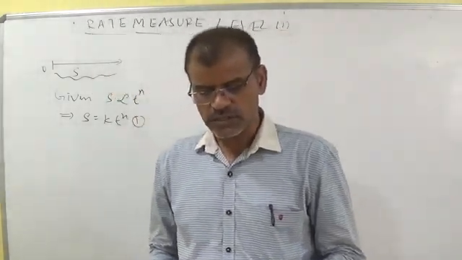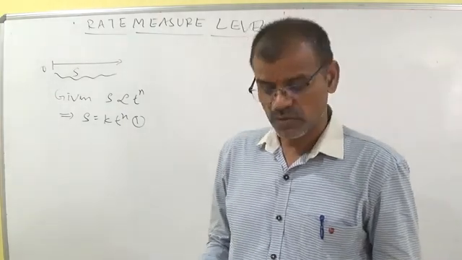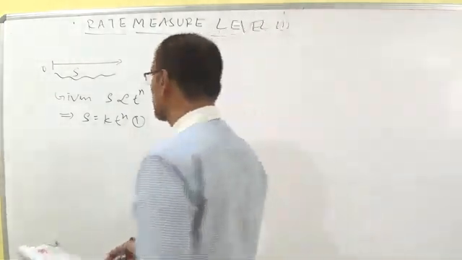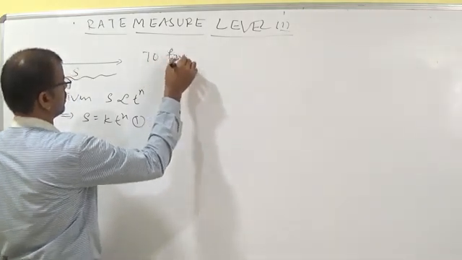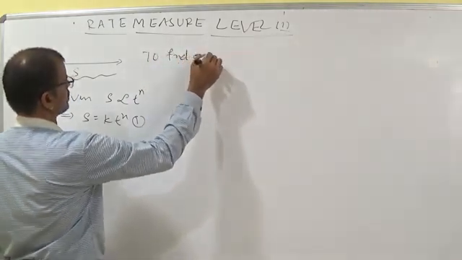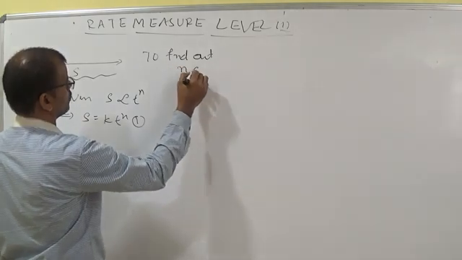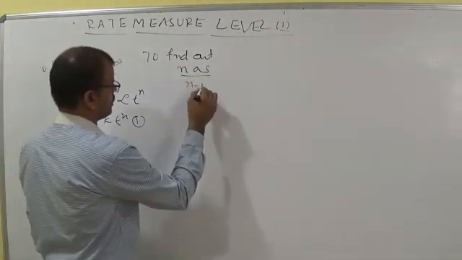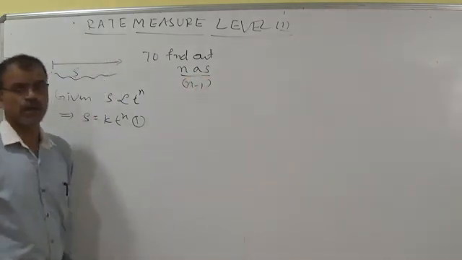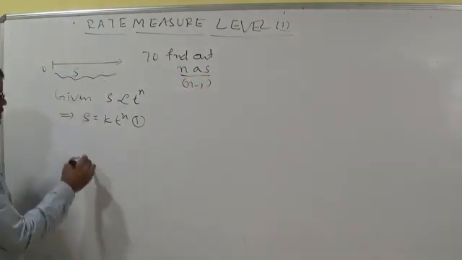We need to find the value of n a s by n minus 1, where a is acceleration and s is displacement.